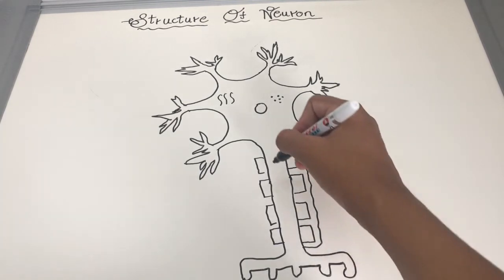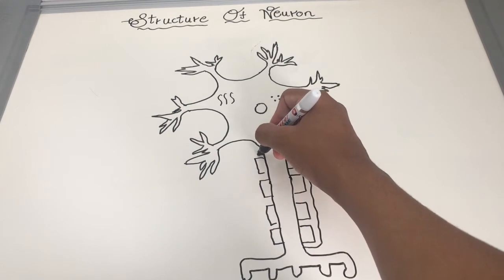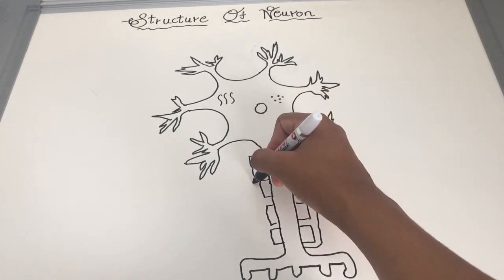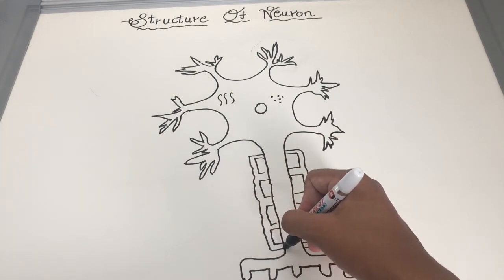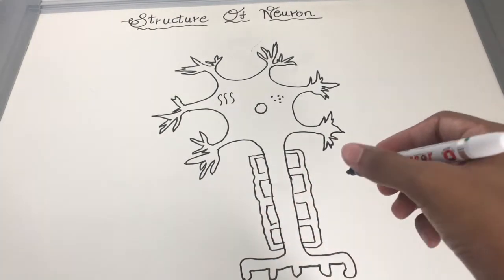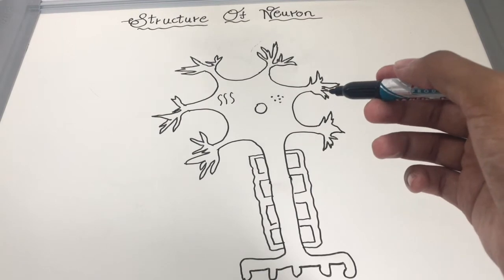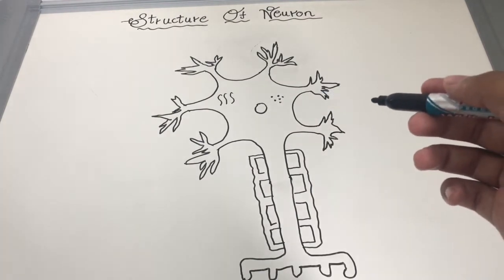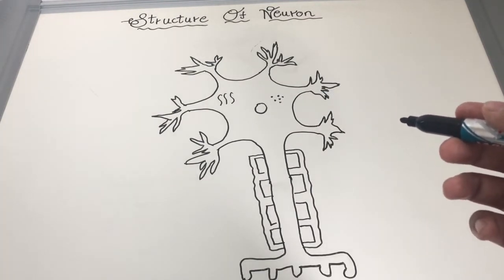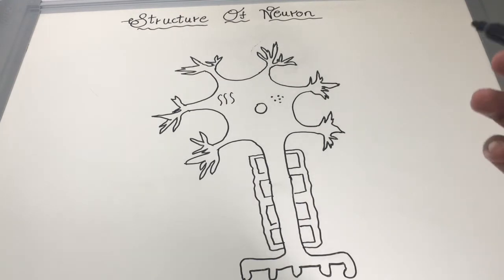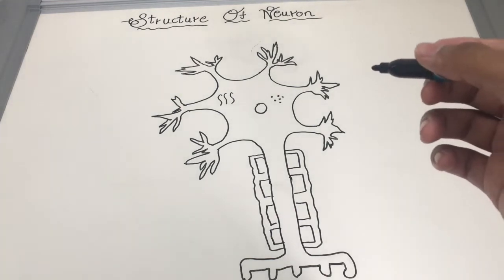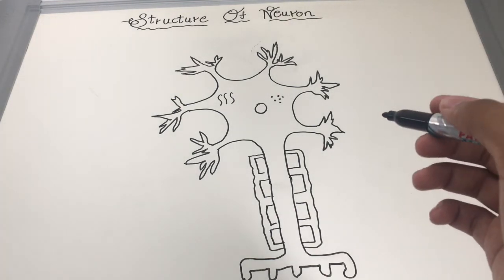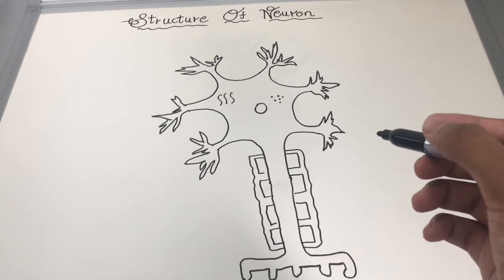Now remember this, as you might know, there are two types of nervous system we have, CNS and PNS, which is the central nervous system and the peripheral nervous system. I am drawing this as an ideal neuron, so this will be a part of a peripheral nervous system. What's the difference? In the central nervous system, they have oligodendrocytes, whereas in the peripheral nervous system, there is the presence of Schwann cells.